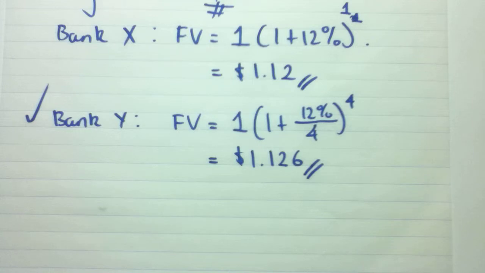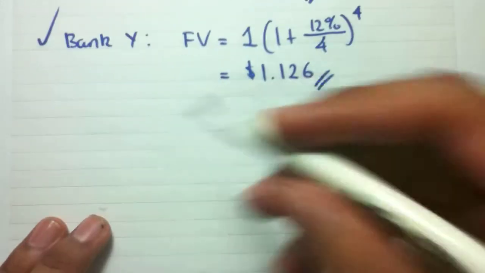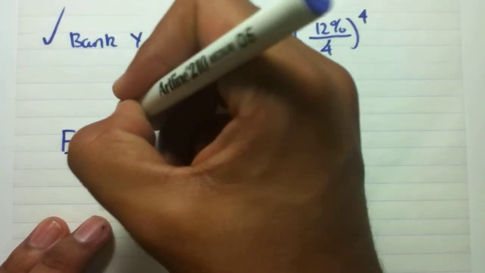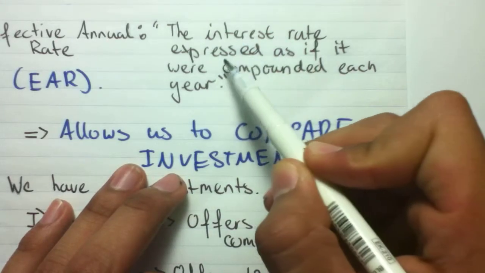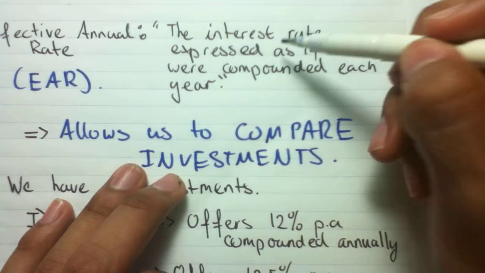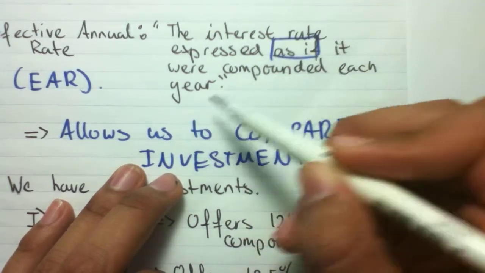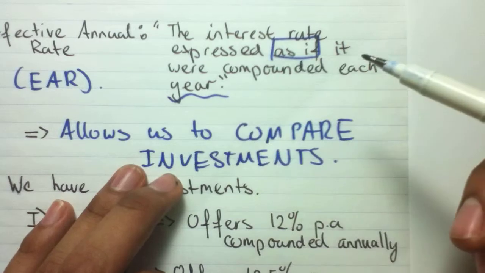But what's the EAR? Okay, what's the EAR? Because that's what we want to calculate. Well, let's get at the definition of EAR again. EAR is the interest rate expressed as if it were compounded each year.